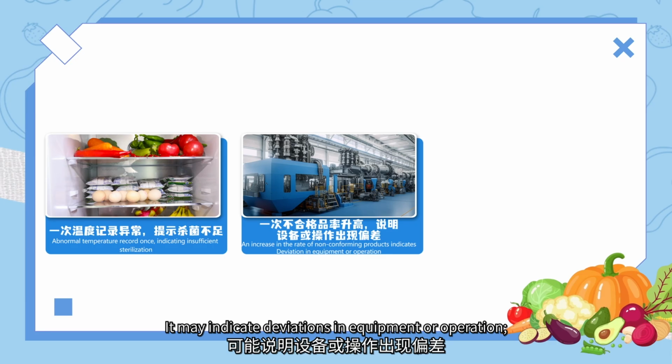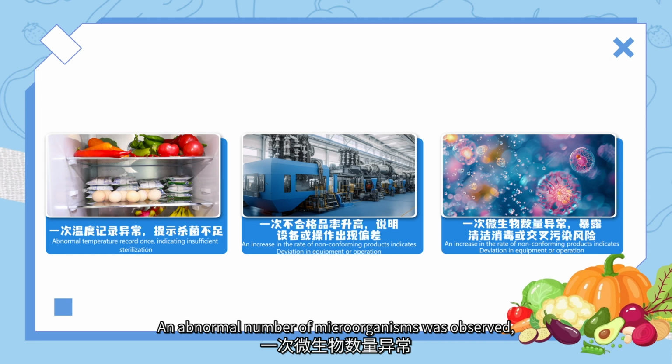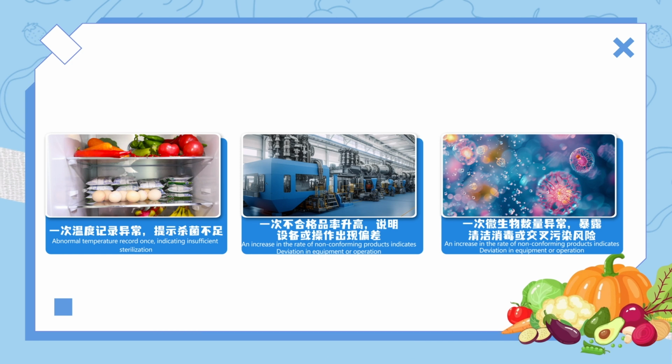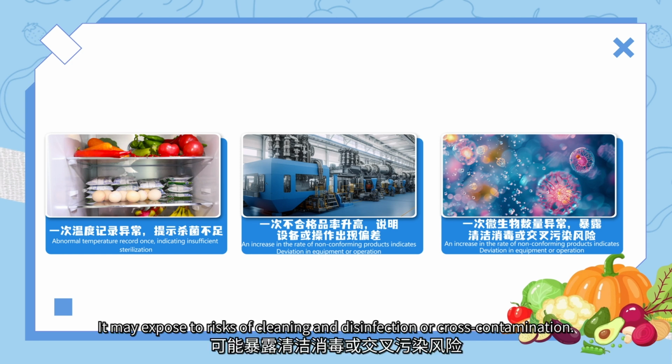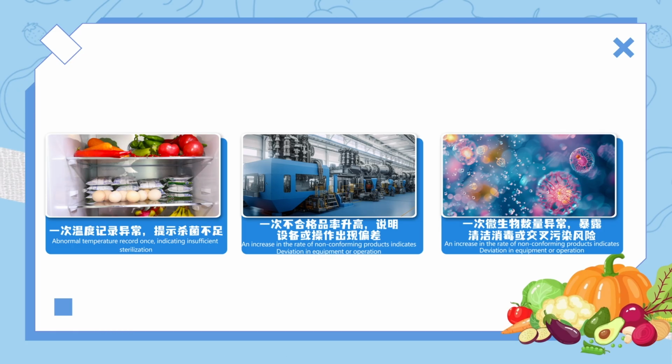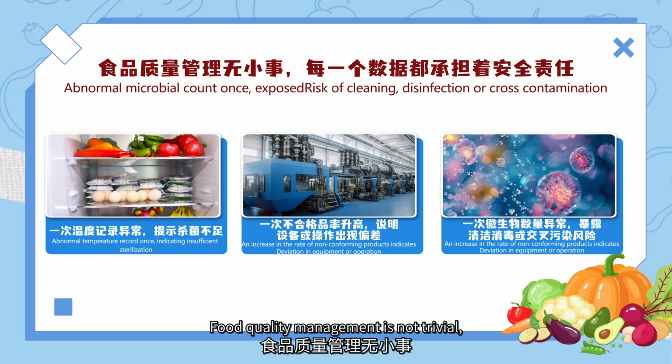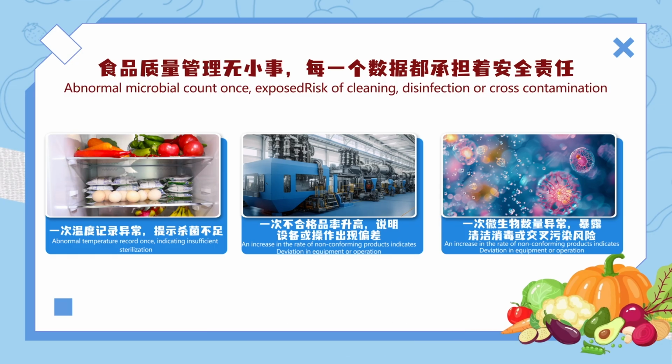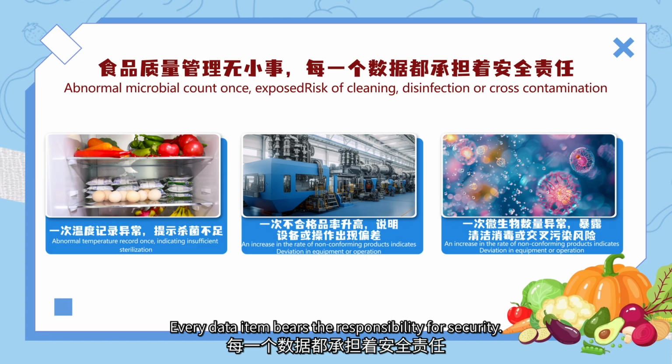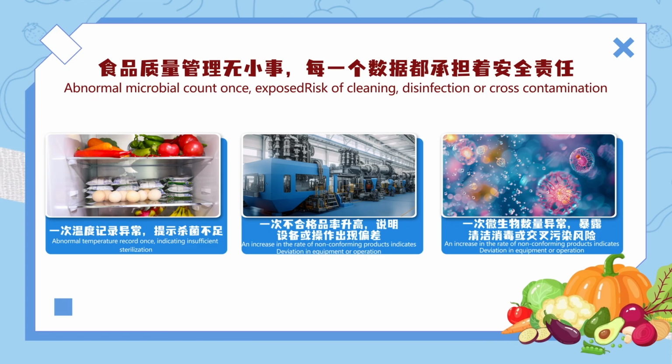It may indicate deviations in equipment or operation. An abnormal number of microorganisms was observed. It may expose risks of cleaning and disinfection or cross-contamination. Therefore, food quality management is not trivial. Every data item bears the responsibility for safety.